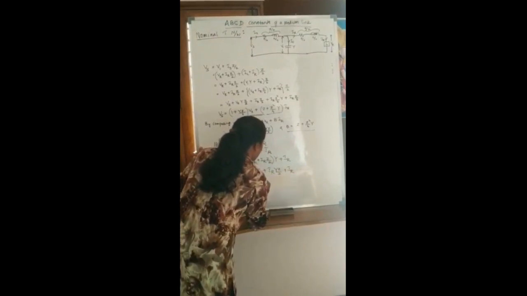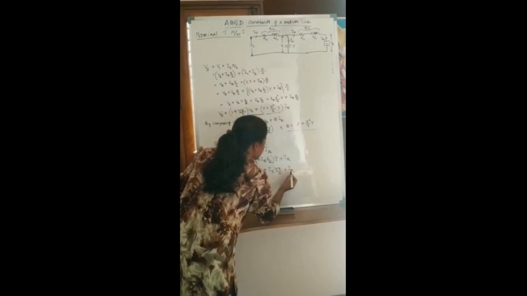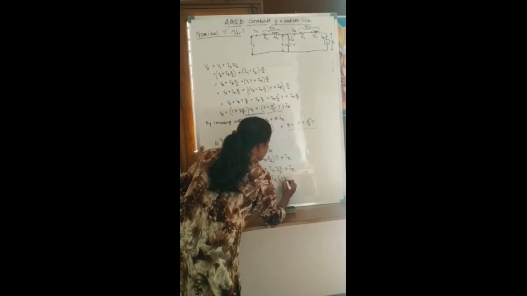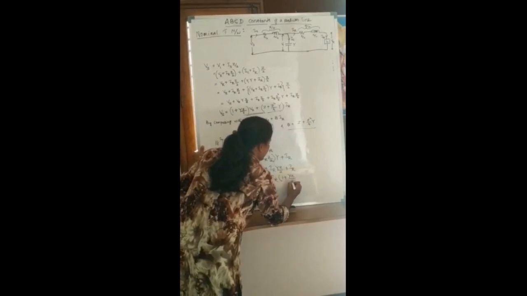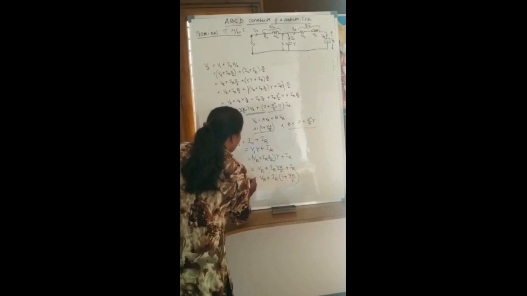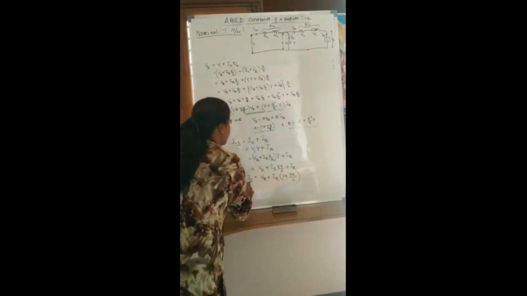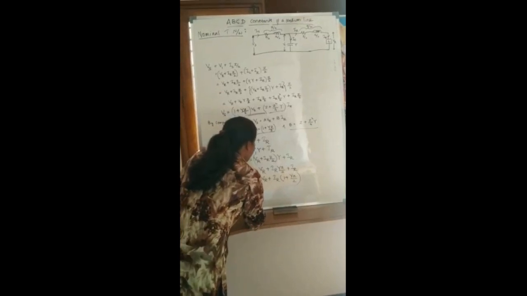Now VR plus, if I take IR common, IR into 1 plus YZ by 2.